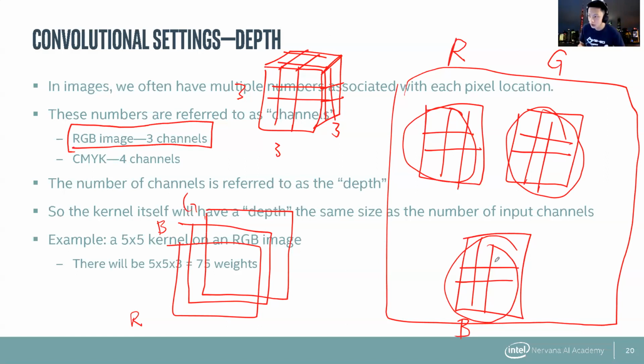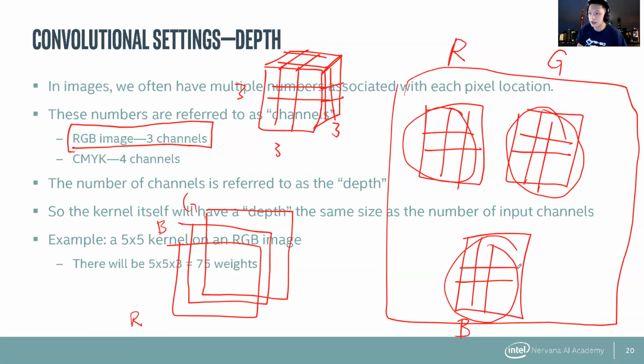Now, when you do the convolution, the convention is to take this kernel, convolve it with R, convolve it with G, convolve it with B, and then add all of the results together. Literally just add everything together, even though you have different kernels. This gives you one channel back, basically just one number back.